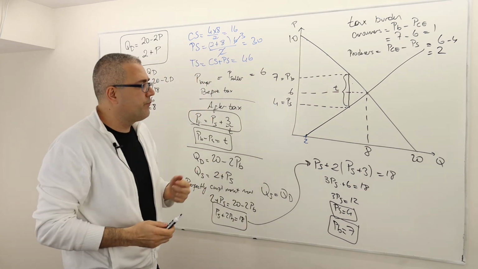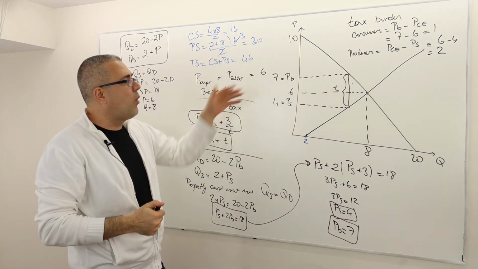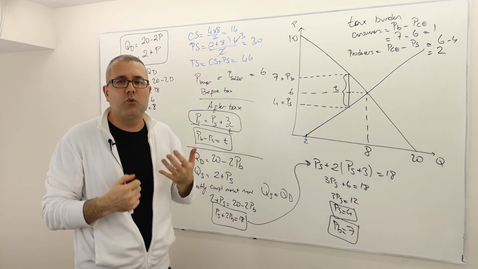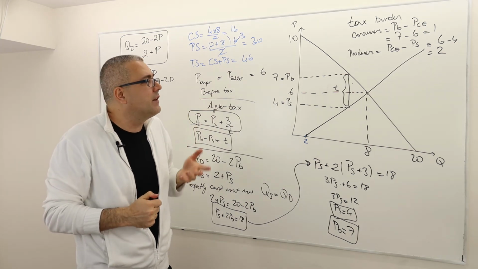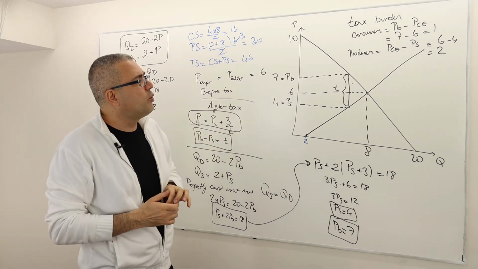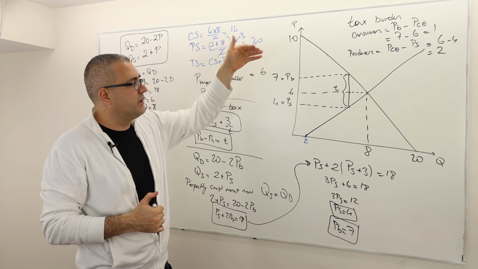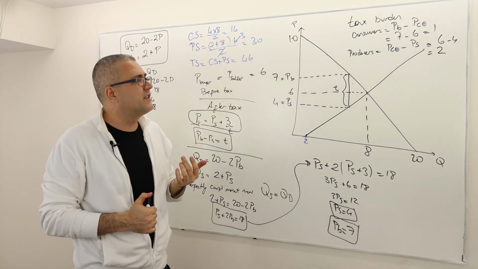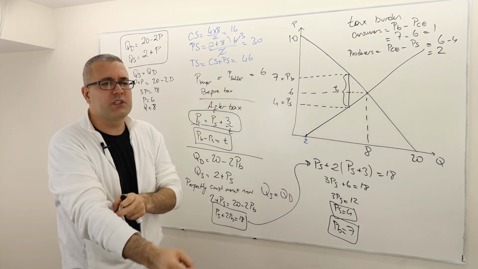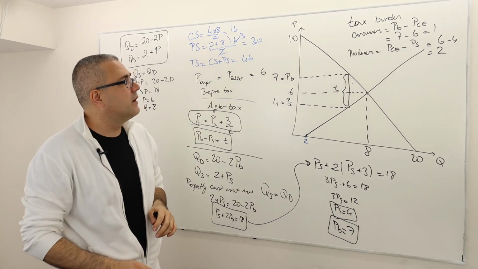So why is this tax burden not equally distributed? Well, because the demand curve is more inelastic than supply, and this is why the consumers are paying more.